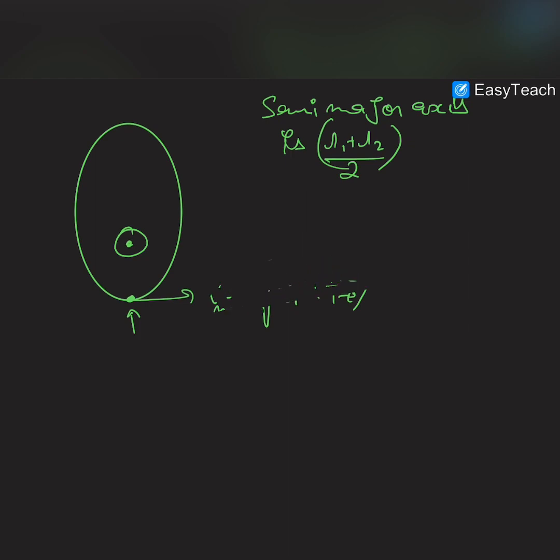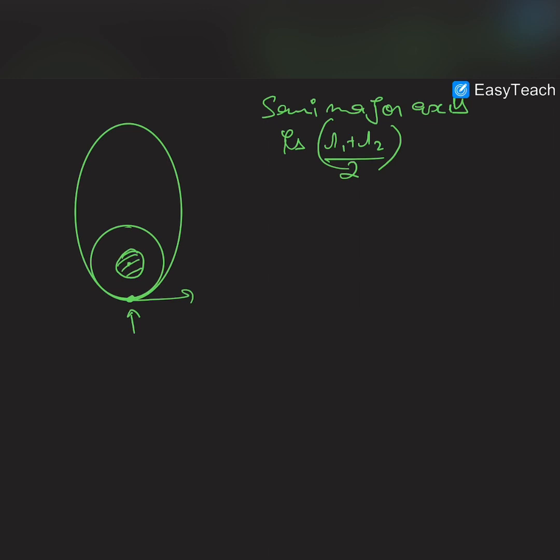Initially this satellite was in a circular orbit. Let us draw this circular orbit. So initially this satellite was in a circular orbit, and this is the planet.